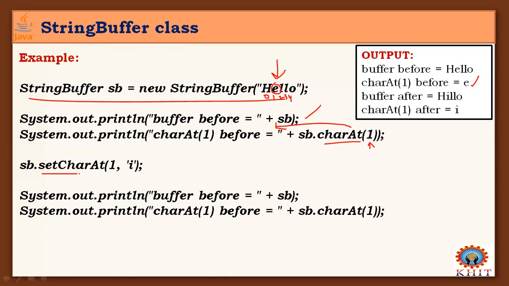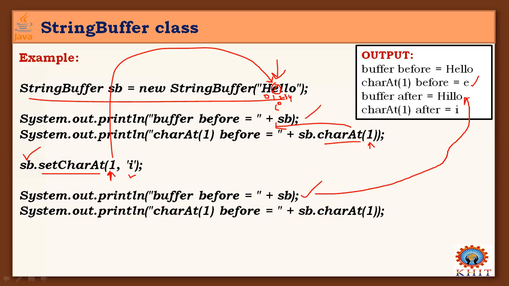And whereas I'm invoking this setCharAt method on this StringBuffer object, I'm giving that index 1 with character I. It goes to the position index 1 and sets that value, replacing E with I. So that's why when we display this one, it gives output like this: HILL.